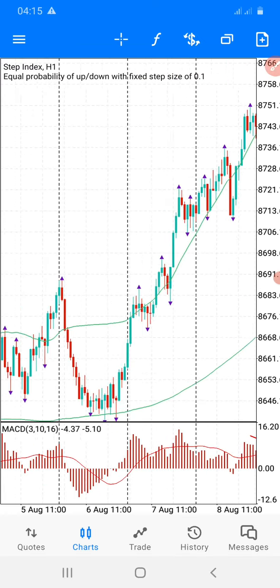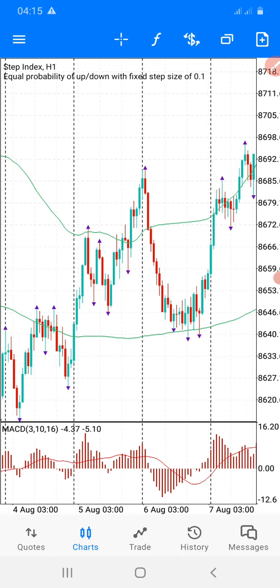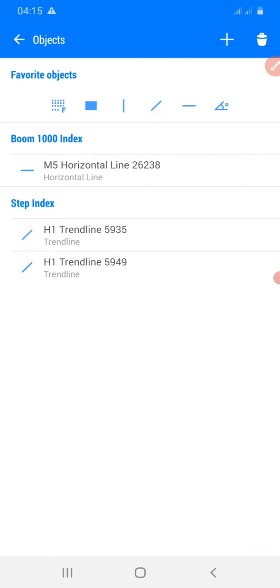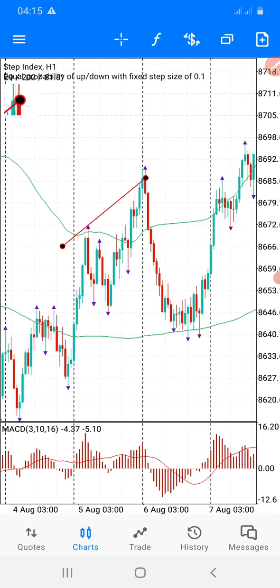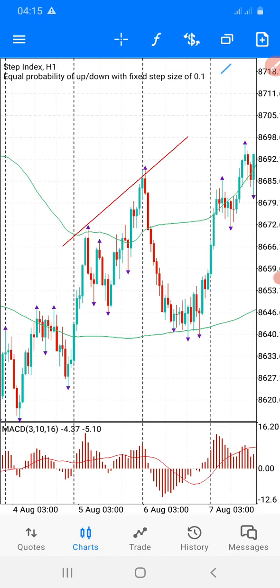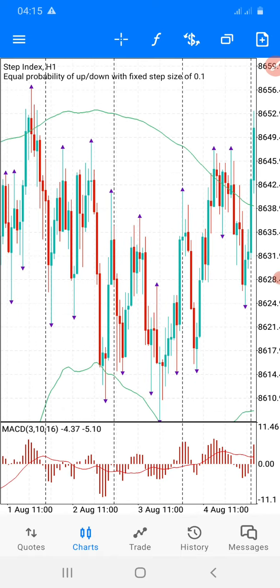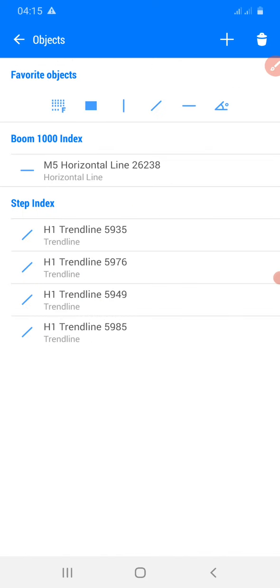Let's move further so we can see another one. This is another one playing out here. The market is actually making a higher high, but when you look at our indicator window, it is making a lower high. Here is another one.